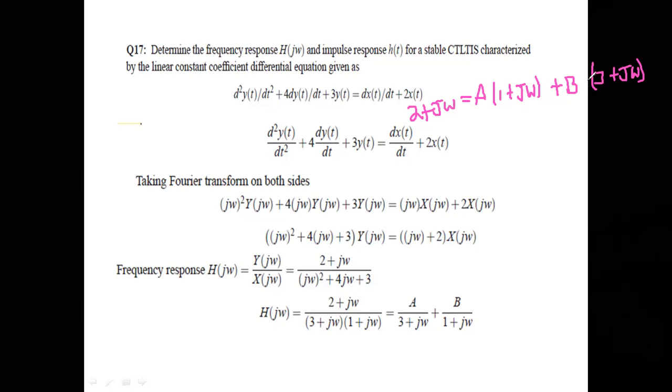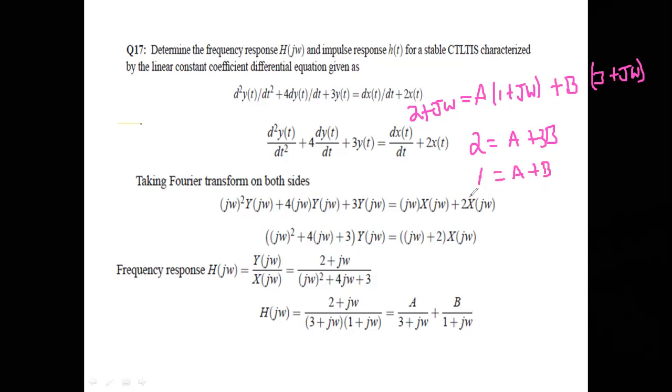First of all, compare the constants: 2 is equal to A plus 3B. Compare the coefficients of j omega: 1 is equal to A plus B.